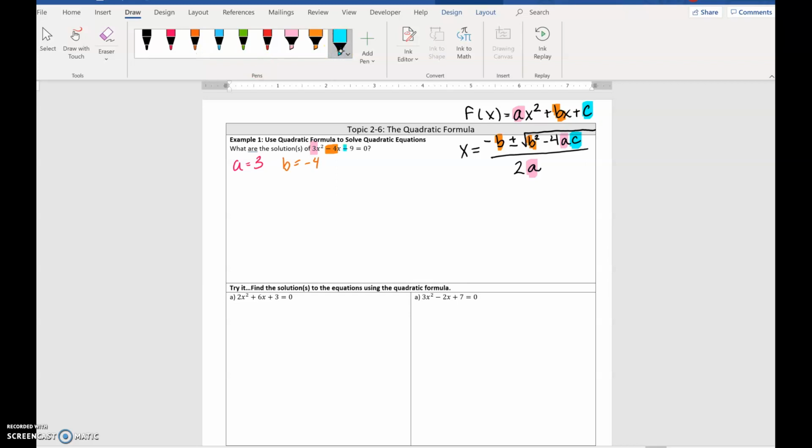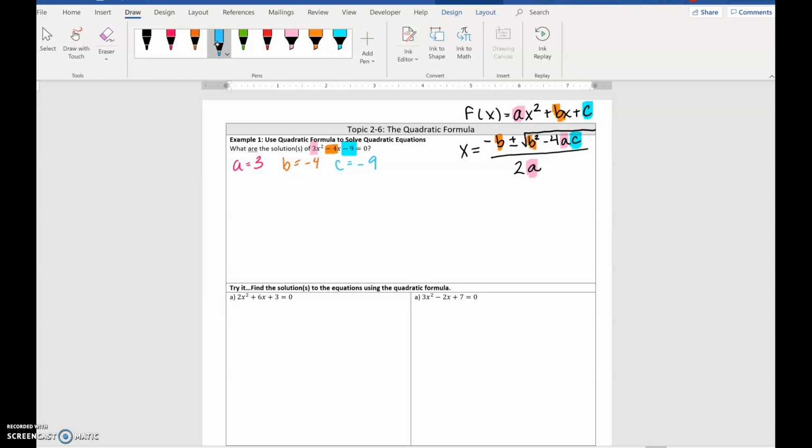And then c is negative 9. So again, the first step, we just identified what a, b, and c are. I was able to jump to this step though because it's equal to 0. If it was not equal to 0, we would first have to do that. But since it's equal to 0, we can just start by identifying what a, b, and c are.